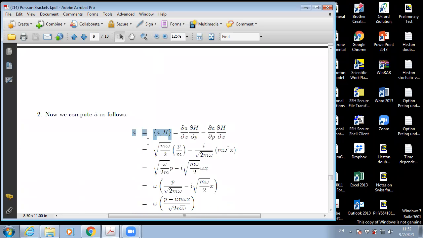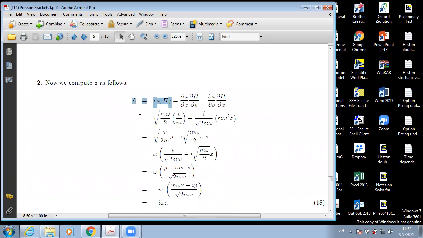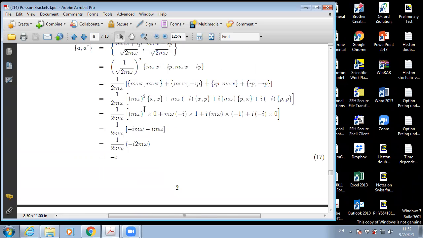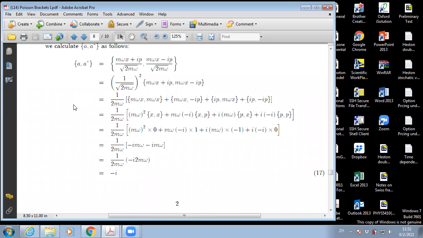So it is -i. This is a very interesting property. Later, when you study quantum physics, you will realize that in the case of the quantum simple harmonic oscillator, you have corresponding counterparts of these two functions.